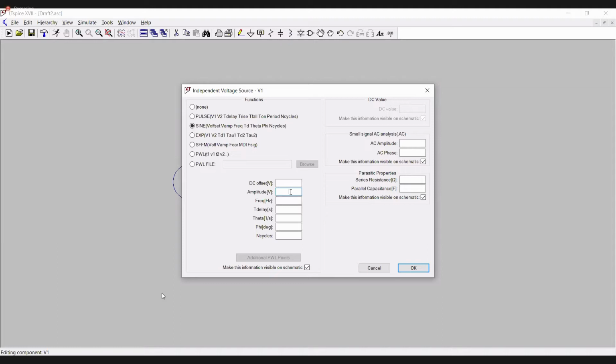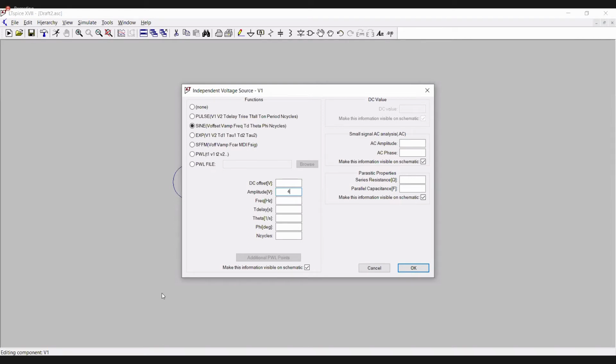Peak to peak means the total range of your voltage. So it says 8, but actually it's only 4. What you should put is 4, because 8 volts peak to peak would just be 4 volts peak. That's just the amplitude of your sine wave.